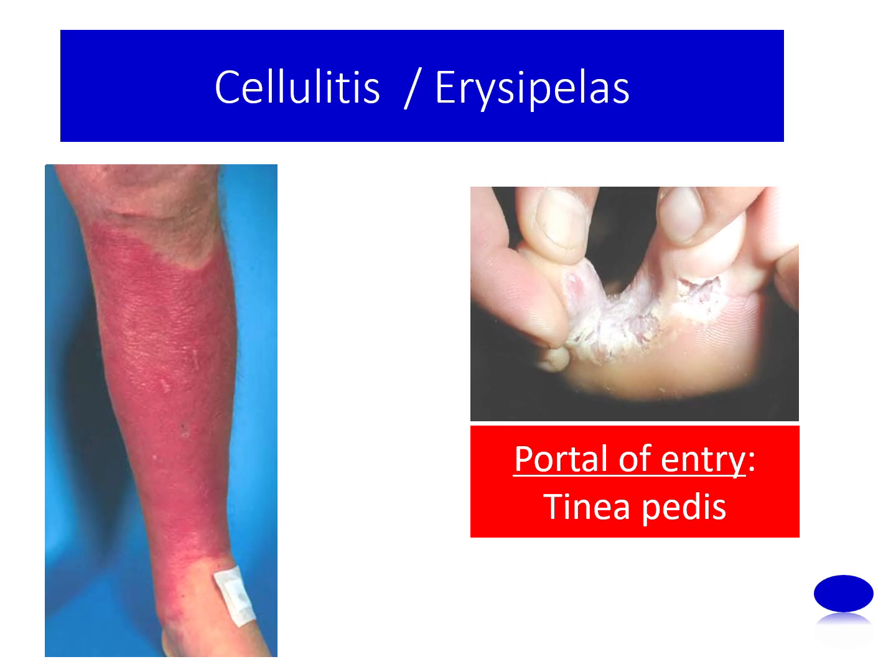So this is cellulitis or erysipelas on the leg of a diabetic patient. Whenever you see cellulitis on the legs, always examine the toes of your patient and the toe webs, because most often they have tinea pedis, what we call athlete's foot, so they have scaling between the toe webs, which is due to a fungus, and then because of the breaks in the skin, this allows the bacteria to enter and then to cause cellulitis in the leg.